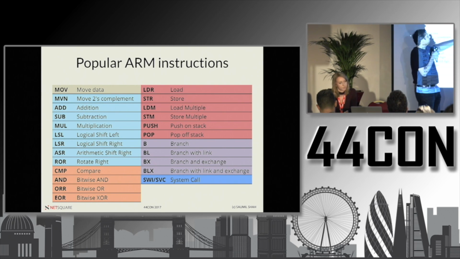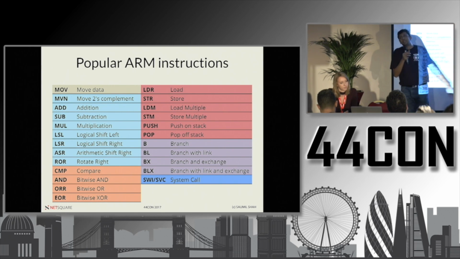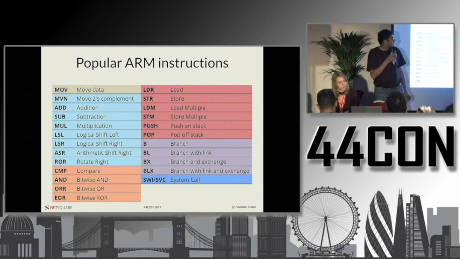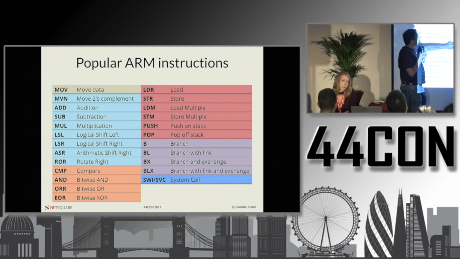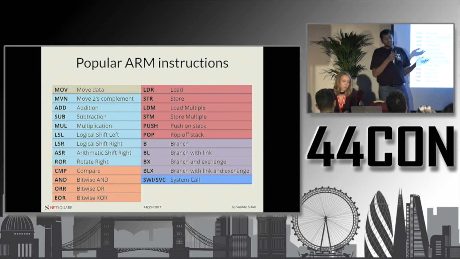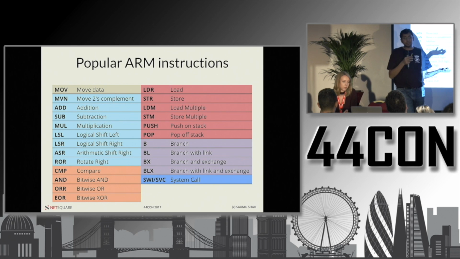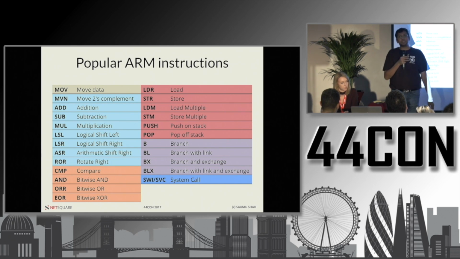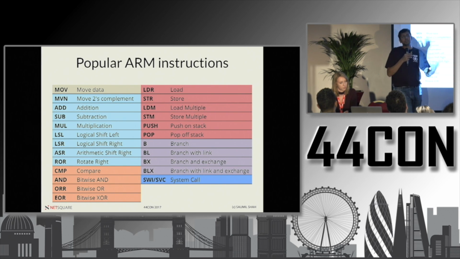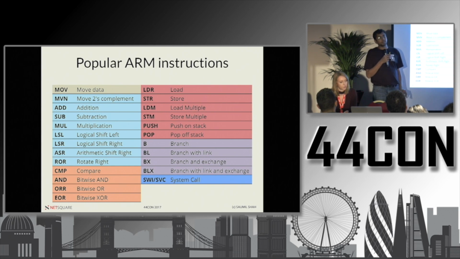This is where you store the value in a register into an address in memory. You also have LDM and STM. You can do load multiple and store multiple. So you can read 8 elements at a time and populate them in 8 registers in one go. And you can write multiple registers back to memory as well.